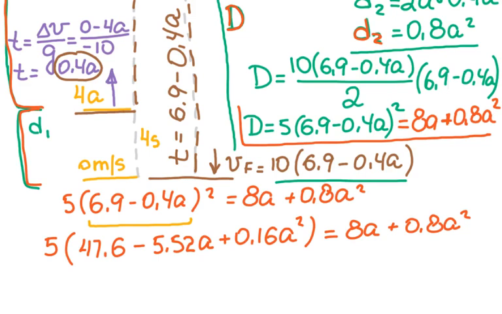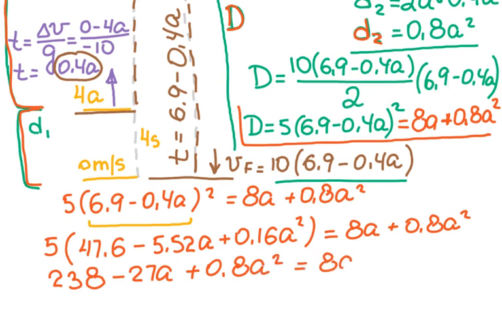Now we're going to distribute it. I have 238 minus 27a plus 0.8a squared equals 8a plus 0.8a squared. I see 0.8a squared on both sides.